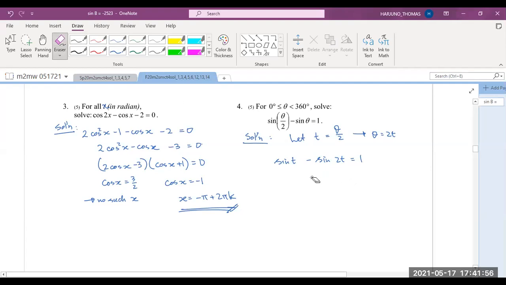See, I want to factor this, but the problem is on the other side, it's 1, it's not 0. Do you see that? Now, I will show you later on how to go on from there. But we know that theta equals pi, 180 degrees, is one of the solutions.